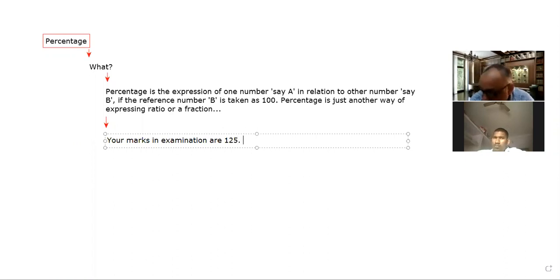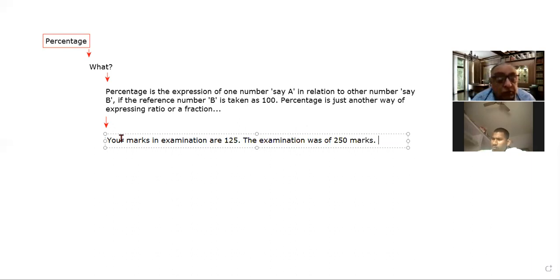Your marks in examination are 125. The examination was of 250 marks.